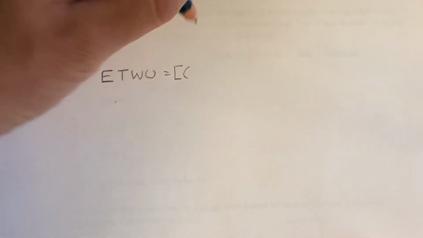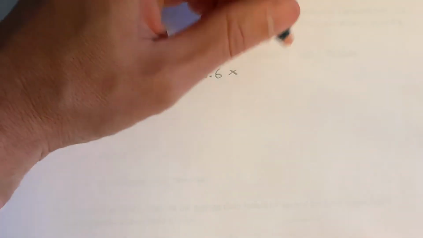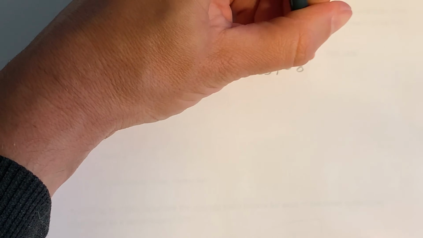If we fill in our variables, our ETo is 46.6. Our plant factor averages to 0.25. Our effective precipitation is 8 inches.